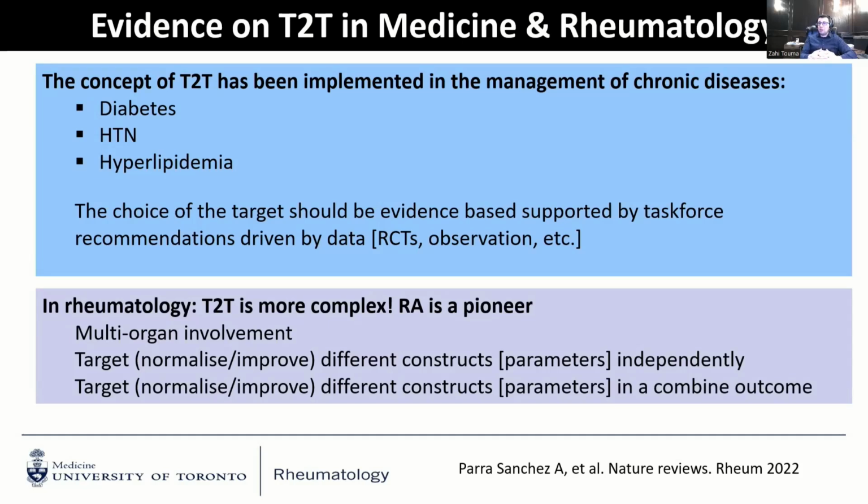Now, what do we know about the concept of treat to target in rheumatology? Does it exist? Yes, but we have to admit as well that treat to target in rheumatology is more complex. But there is no doubt that the rheumatoid arthritis field has pioneered the development of treat to target.